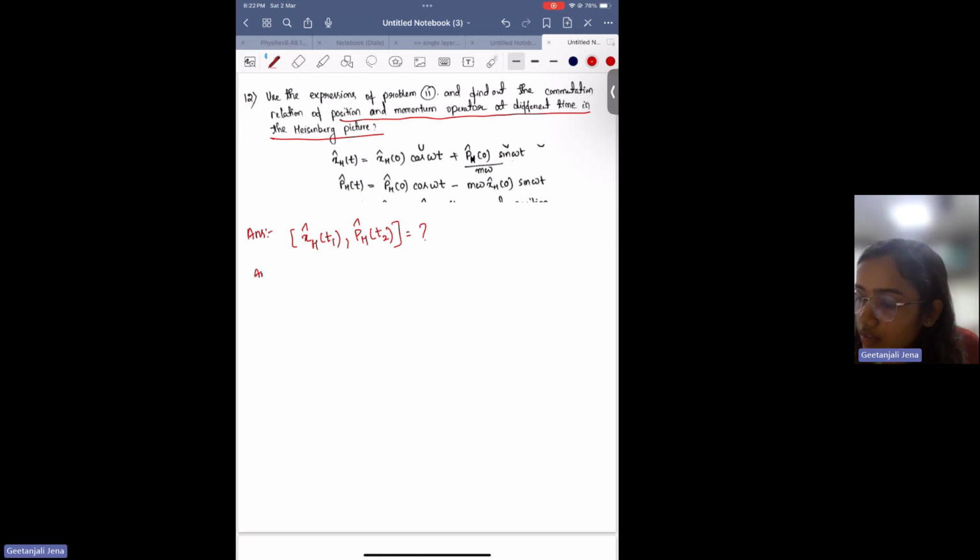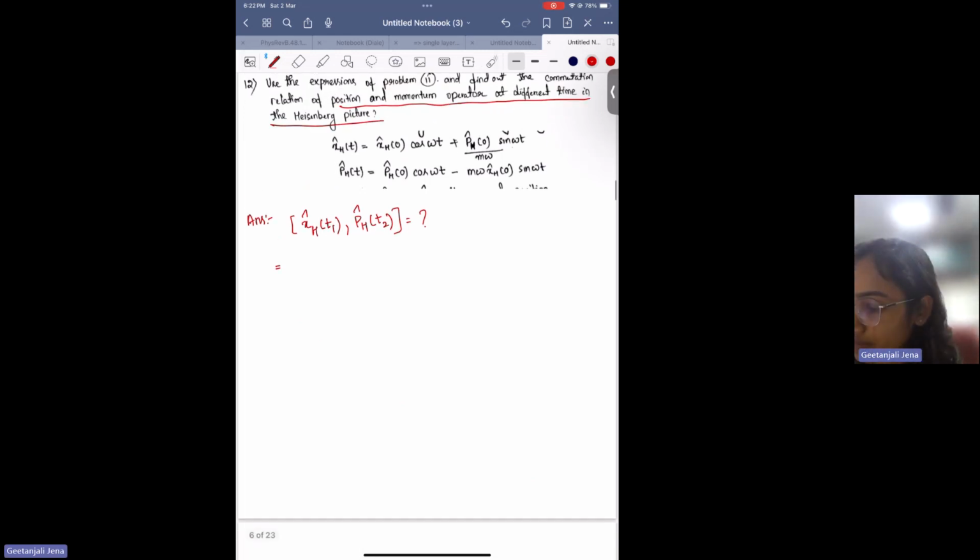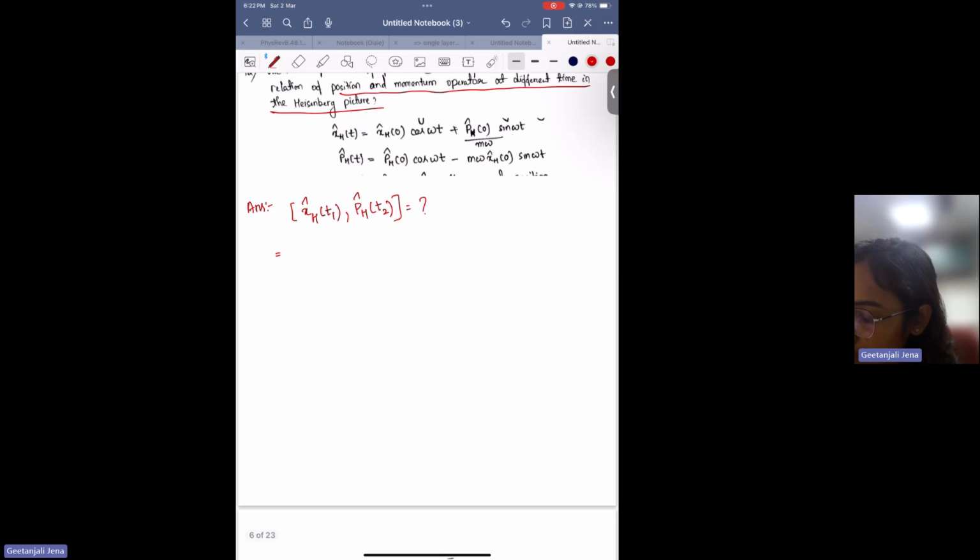Similar to the second problem, what you have to do is just put in the expression and open up the commutation relation. Use the property of the commutator and solve the individual terms so that you can get the final answer.